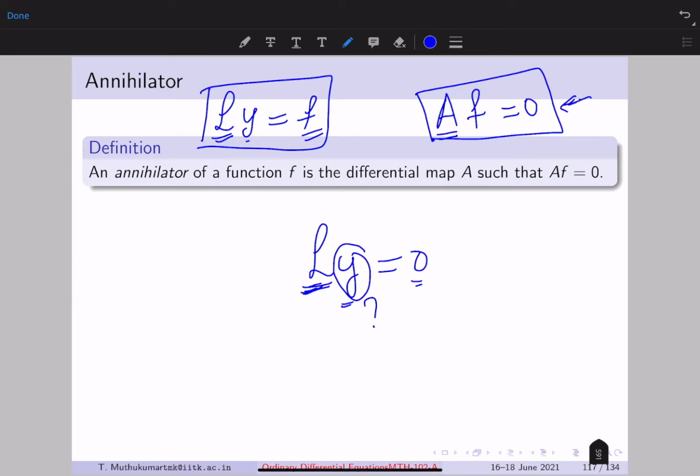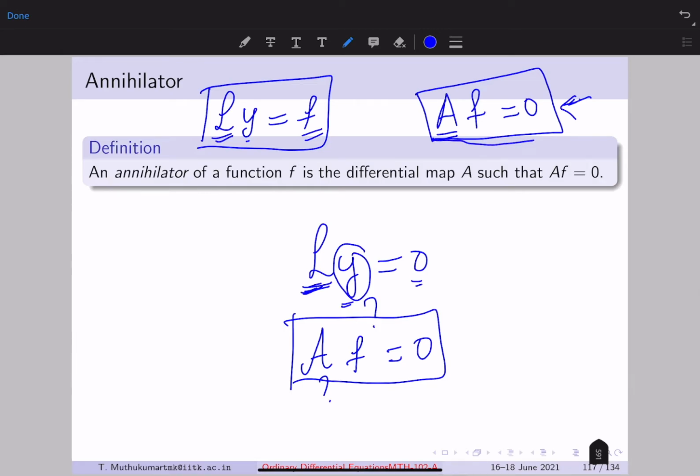In this case we are saying f is given, find the differential operator A such that it's 0. Okay, this is why the condition on f comes in, right? We said we will do only special cases of f, because for all f we may not be able to do this. It may not be easy to find this A, but for some f it's probably easy to find this A.